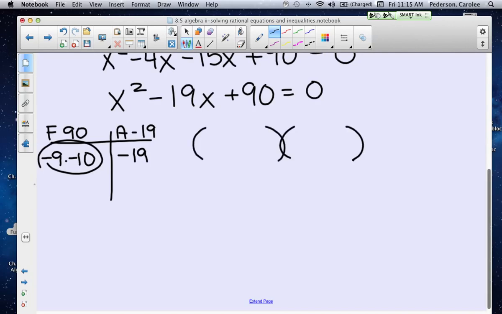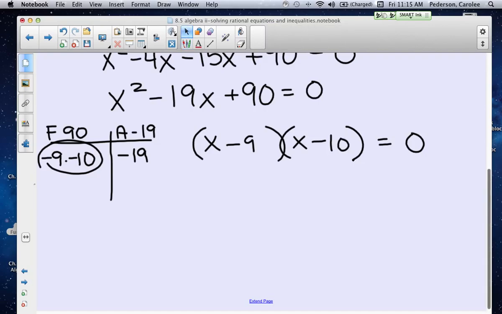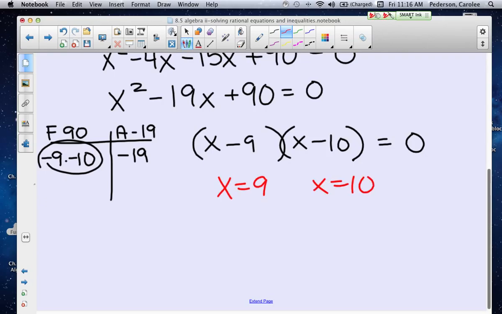We split up our 2 parentheses: x minus 9, x minus 10. We have it in factored form, so now we can use the zero product property. We get x equals 9 and x equals 10. We do want you to check by substituting back into the original equation to verify that those truly are solutions to this equation, because not every one of these will possibly work.